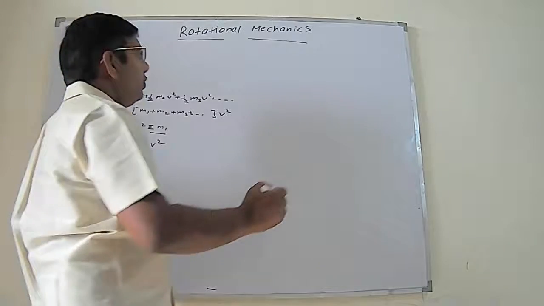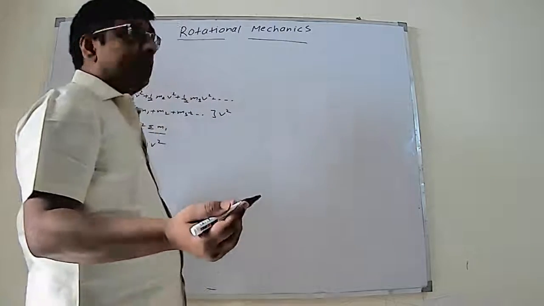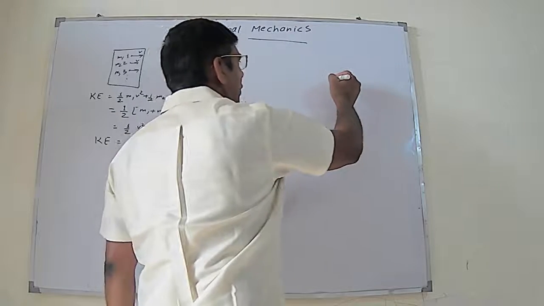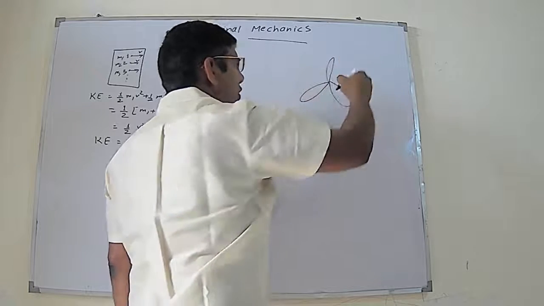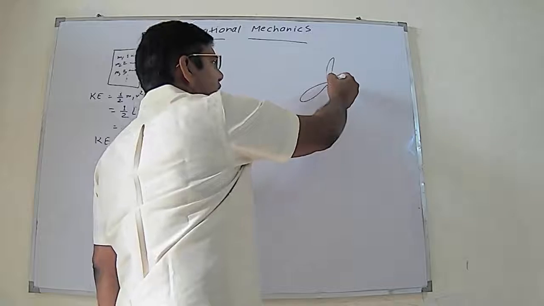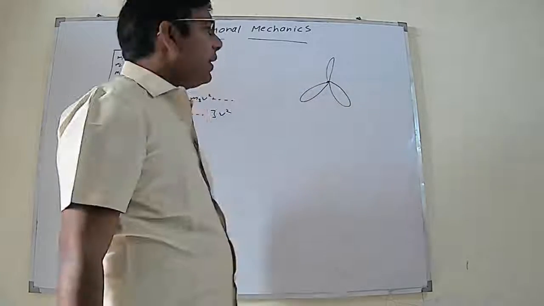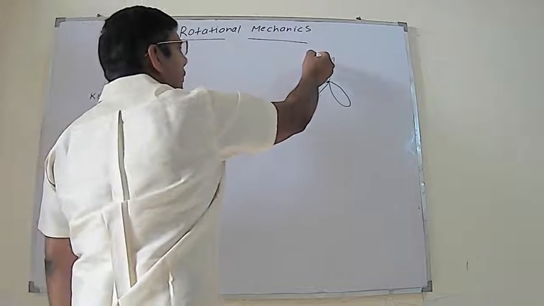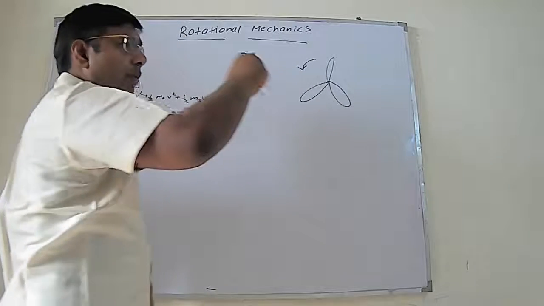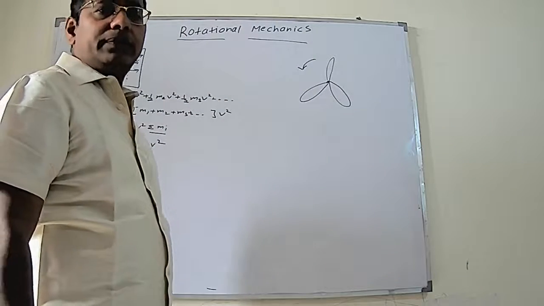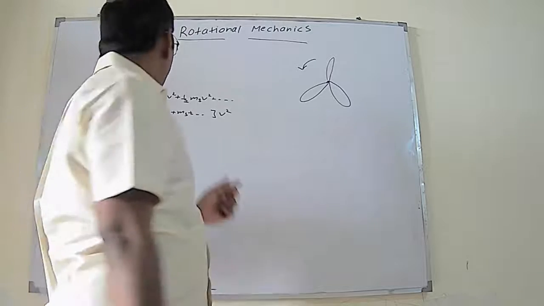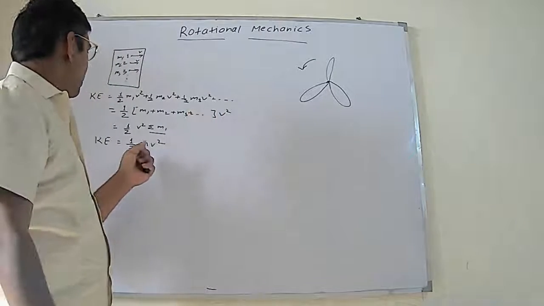But suppose we have a fan, or any object, that is revolving, and this is the rotational axis. So it is rotating like this. What will be the kinetic energy of this moving object? How to find out? Can we write it the same way here?